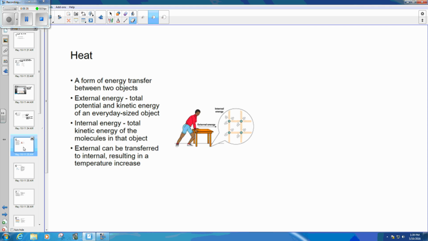So heat is a form of energy. In the SI system of units, therefore, it is measured in units of joules. But as we'll see, it's measured in several other units that we'll discuss shortly.